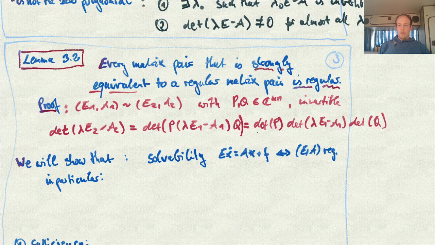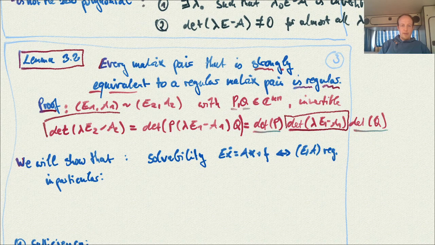And you see, since P is invertible, this is non-zero and this is non-zero. And so this can be 0 all the time if and only if this is 0 all the time.